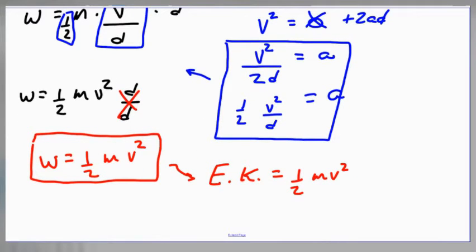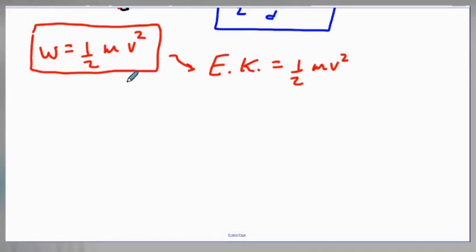Okay, I want to think about the units before we do an example. And if you want to skip ahead and just look at the examples, you can. Maybe you don't even need the examples. What I have here, and I'm just looking at units, well, there's no units that go with 1/2. So I've got mass, which is kilograms, multiplied by meters per second squared.